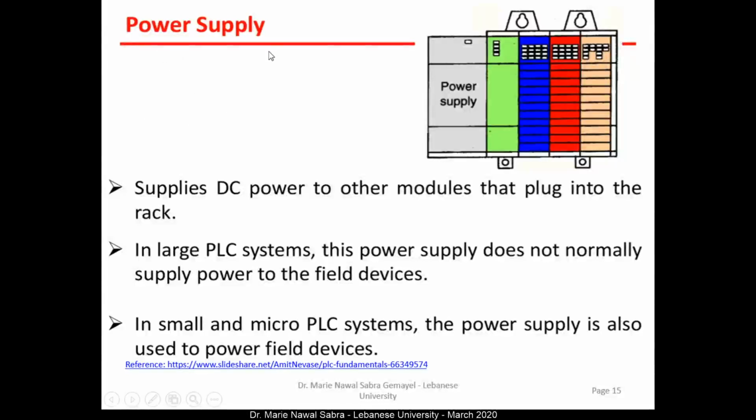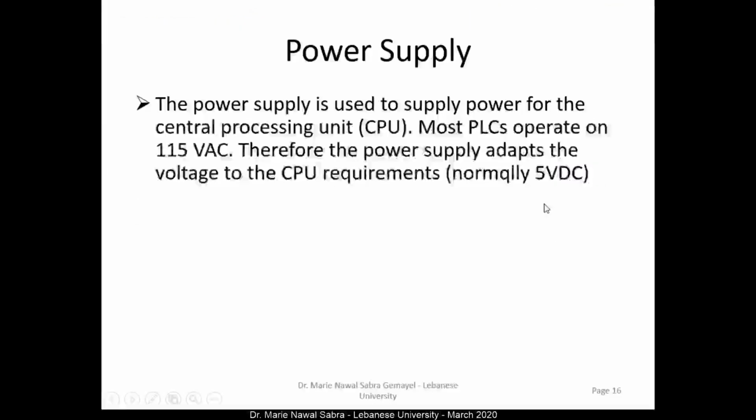The power supply of the PLC supplies the DC power to the other different modules that plug into the rack. The power supply also supplies the power to the CPU, and it changes the input power to power required by each one of these units.